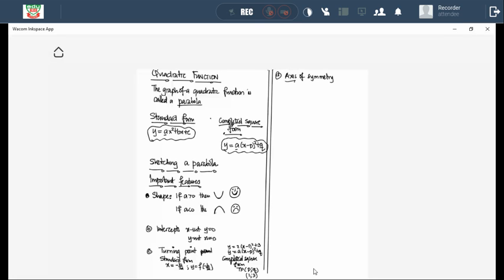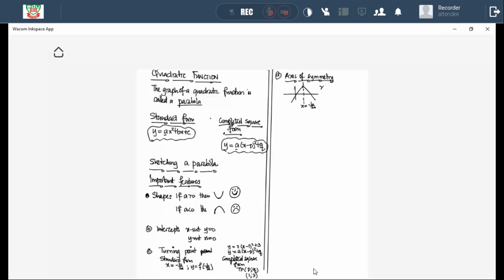Now, the axis of symmetry is a line which divides the parabola into two equal segments. If I've got something like this, and this is my parabola going like that, and I've got a line which cuts the graph into two equal segments, that is your x equal to negative b over 2a. This is the line of symmetry or axis of symmetry.